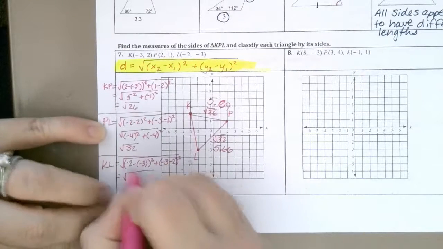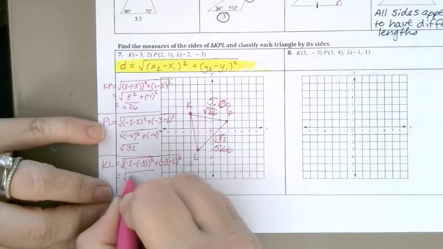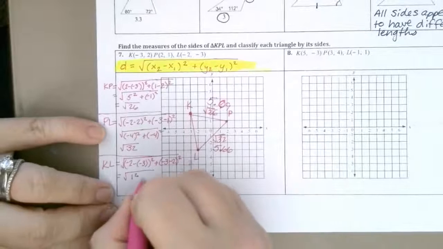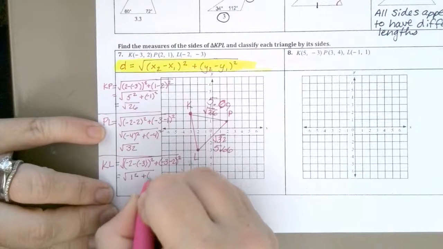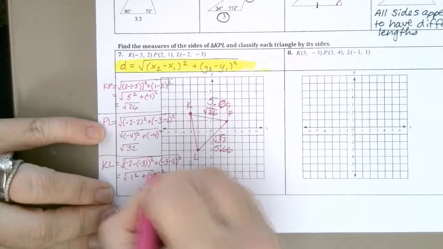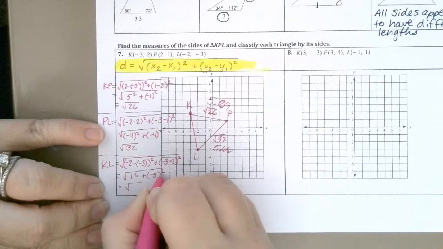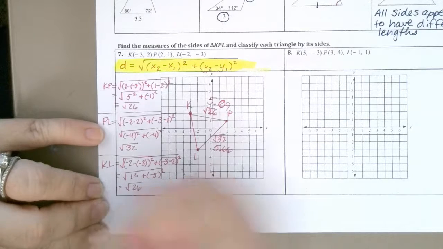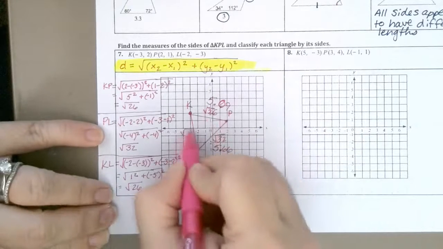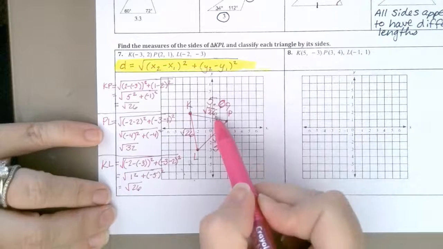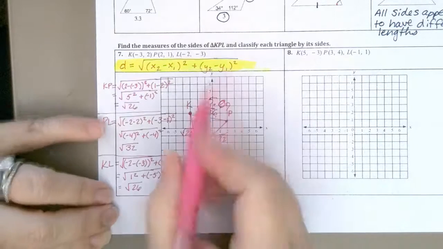So let's see, that becomes negative 2 plus 3, which is 1 squared, plus negative 5 squared. 1 squared is 1, 5 squared is 25, that's 26, that's root 26. We already found out the square root of 26, didn't we? It's 5.09, so what do I have?